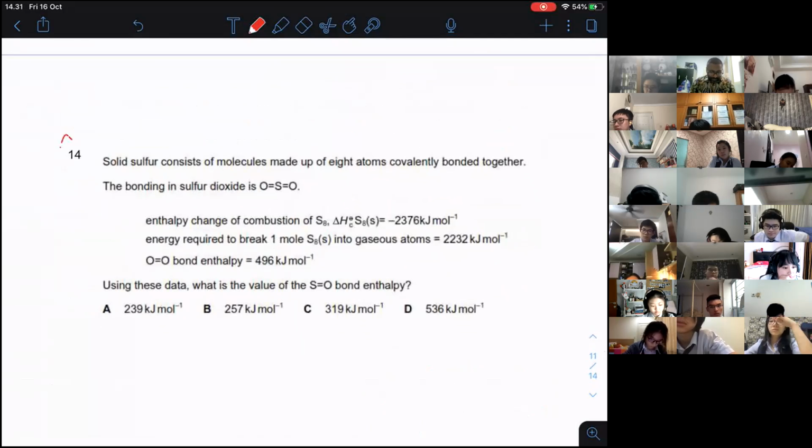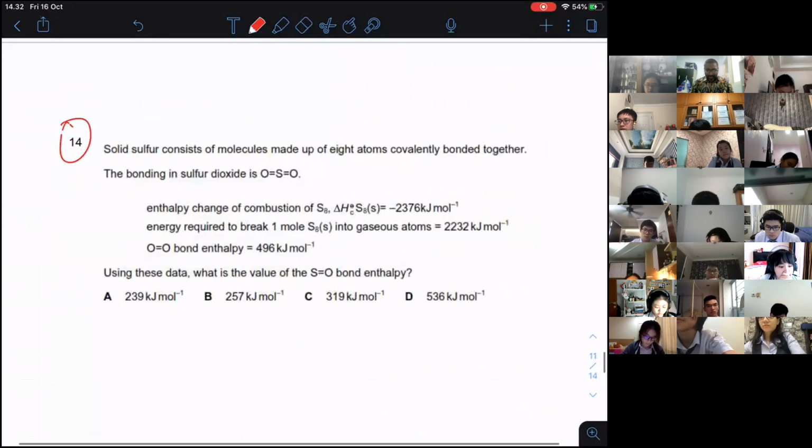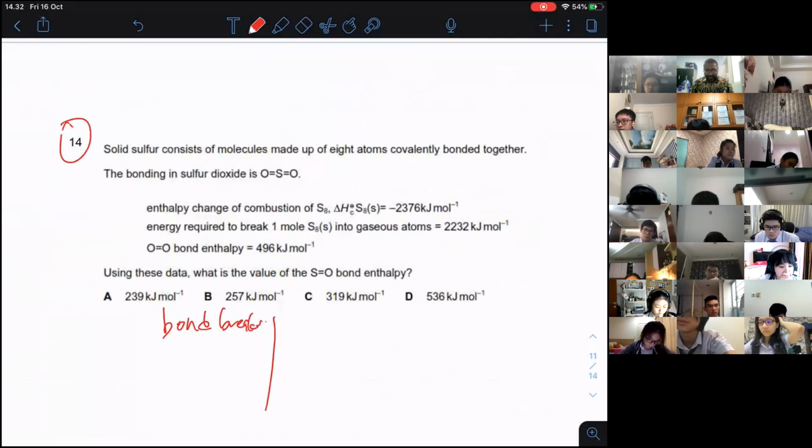Now this one probably next lesson I will discuss with you. This is slightly different because this one has to do with bond breaking and bond formation. This is the only clue that I can give you how to solve this.